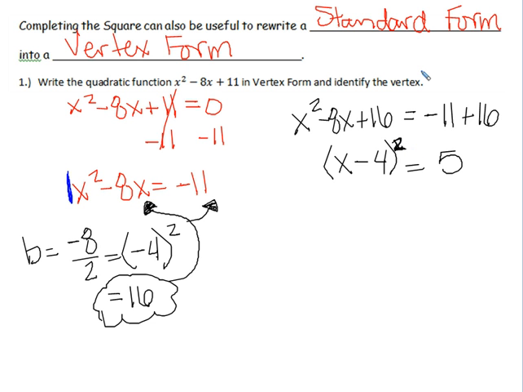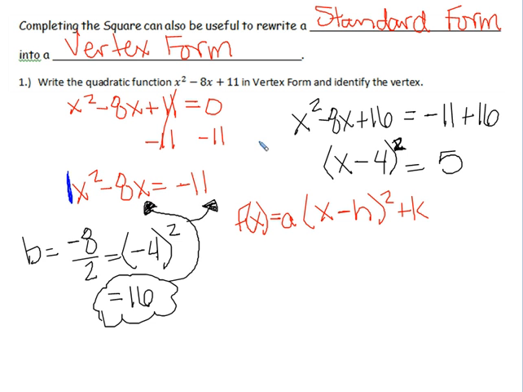Now in the process that we've done so far, this is when we would square root both sides and add the 4 over. What we talked about is solving for x, but we're doing something a little bit different here. We're changing a standard form into a vertex form. If you remember, vertex form looked like a times x minus h squared plus k, and normally we had this f of x out front, because it's a function.